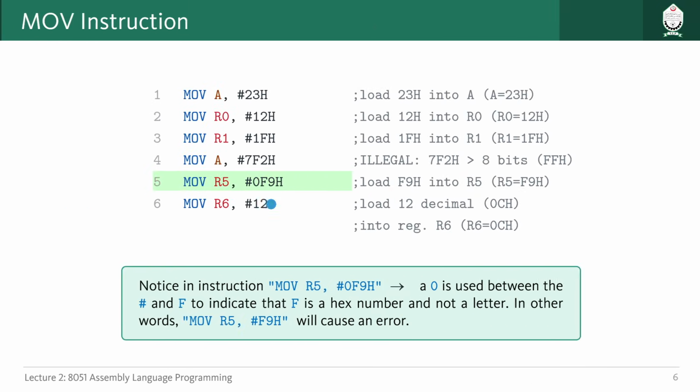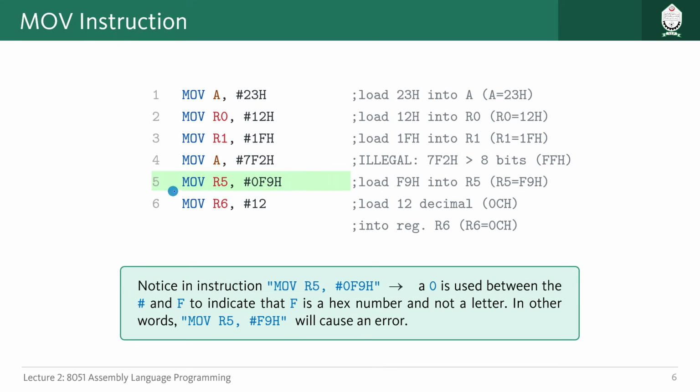Then next, look at line 5 here. For this one, the value is F9H. This is a hexadecimal value, but because it starts with a letter, F, or any letter like A, B, C, D, E, F, these are the possible letters for a hexadecimal value, right? If that happens, then we have to start with 0.